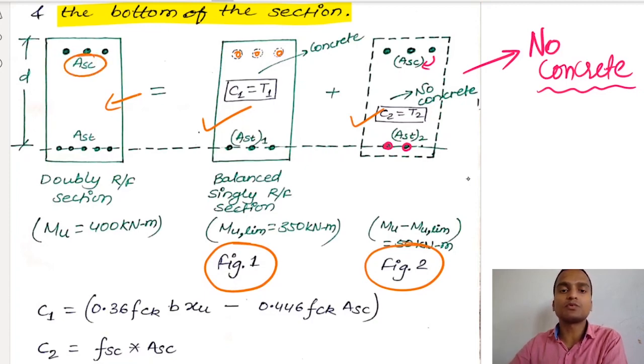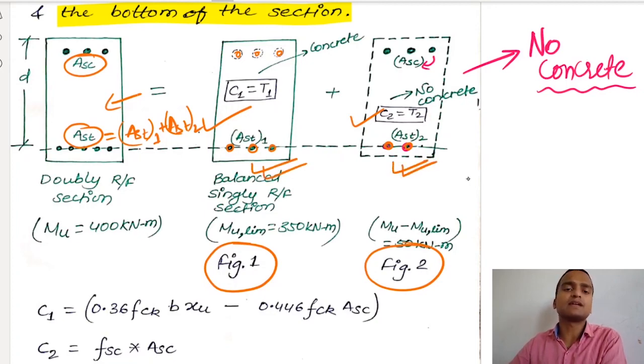Now if you superimpose Ast1 in figure 1 and Ast2 in figure 2, you will get Ast. So we can easily write Ast is equal to Ast1 plus Ast2. Or you can also say, if there are 3 bars in the first figure and 2 bars in the second figure, then in the superimposed image there will be 5 bars.